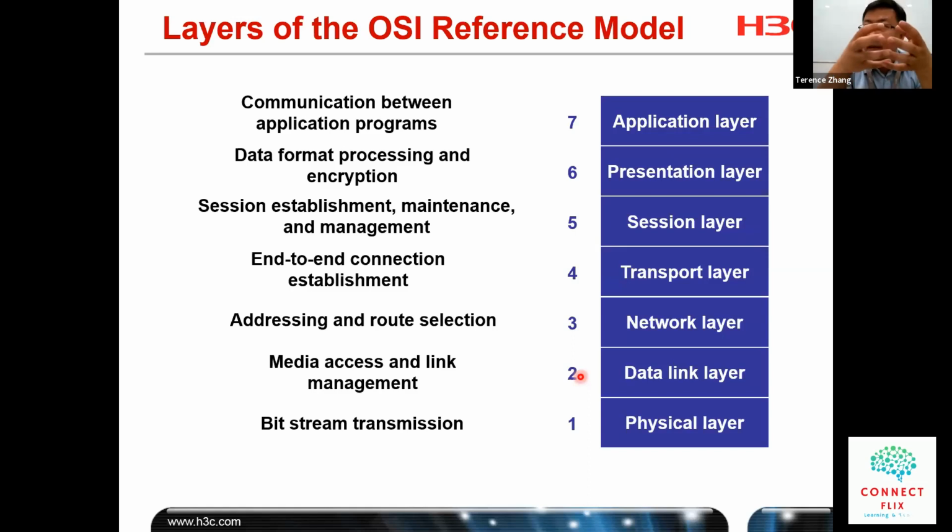It's like hardware. For example, two devices finally communicate by bit stream. But for the data link layer, they communicate with each other with more information about the media, what kind of connection you have and what link you have. So this information deals with layer number 2, the data link layer.